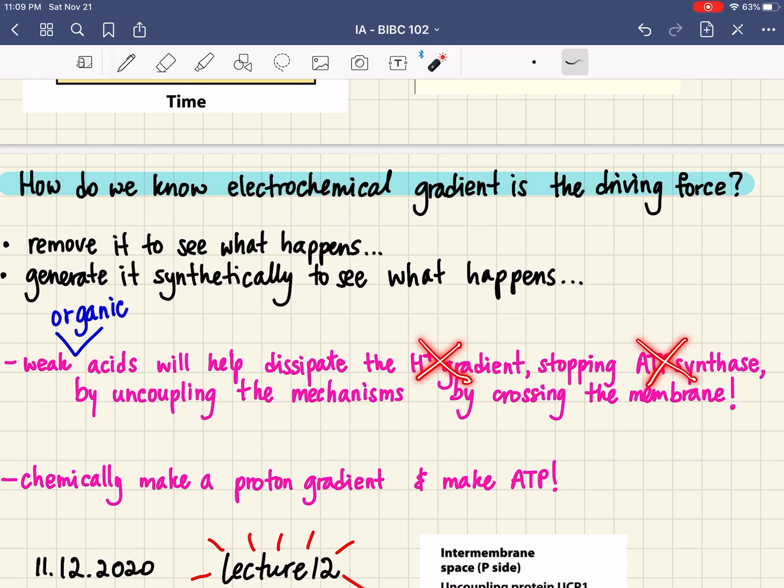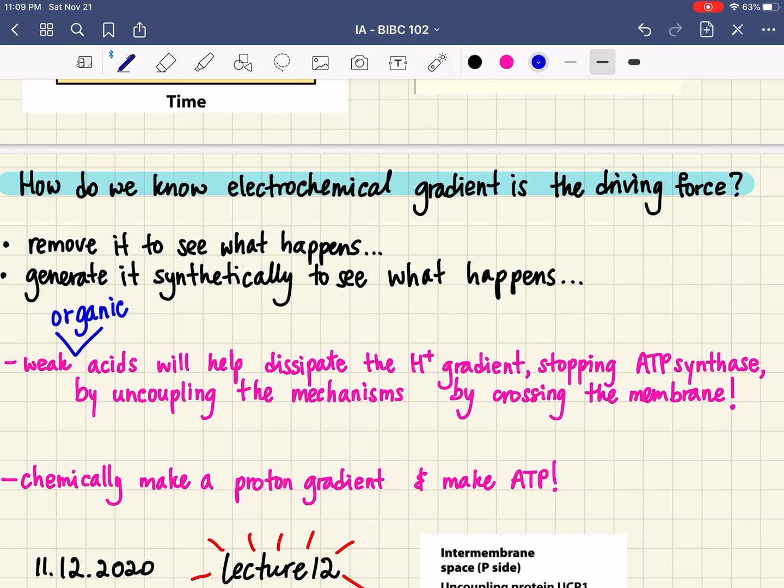And if there's no ATP synthase activity, and because it is coupled to the ETC, then we will also stop oxygen consumption. We will uncouple these mechanisms. That is how we stop the proton gradient, by using weak organic acids.